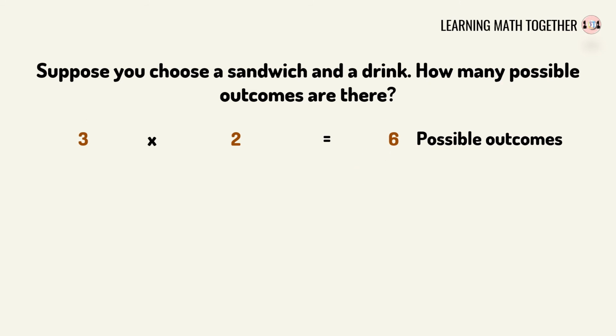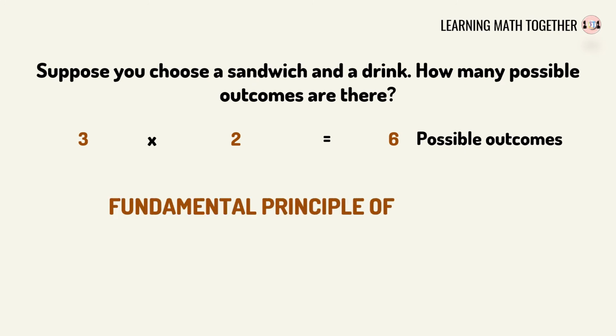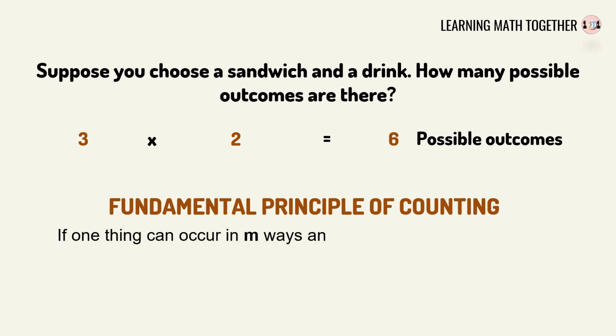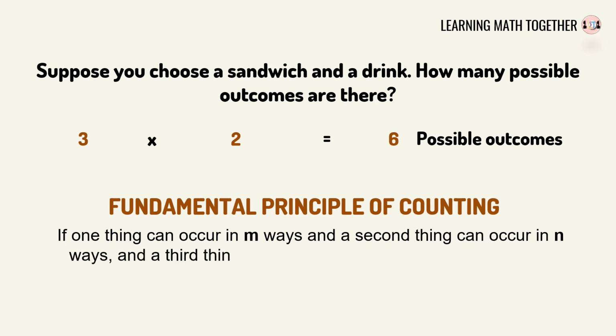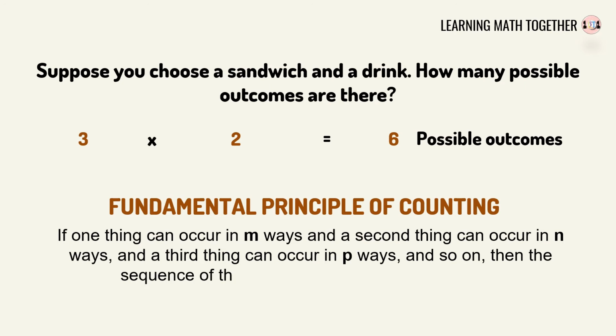This method or this idea is what we call the fundamental principle of counting, wherein if one thing can occur in m ways, and a second thing can occur in n ways, and a third thing can occur in p ways, and so on, then the sequence of things can occur in m times n times p ways.